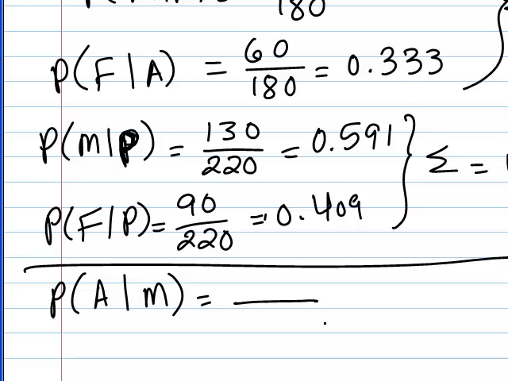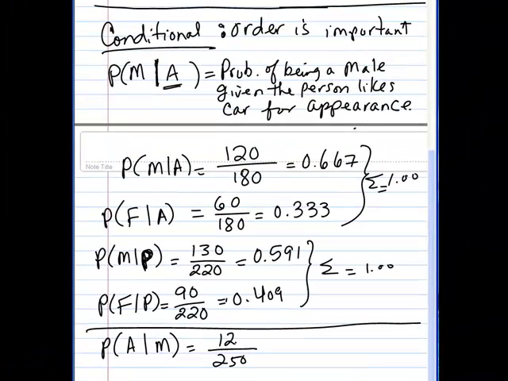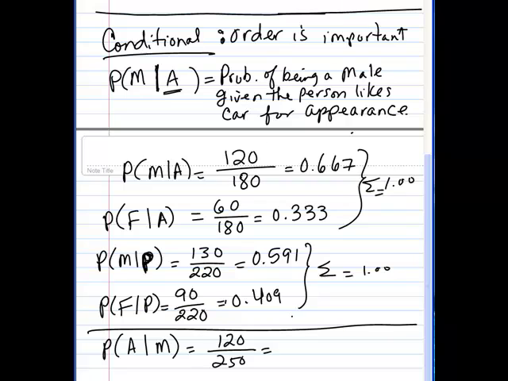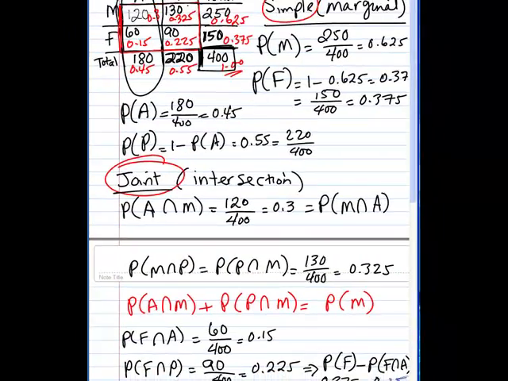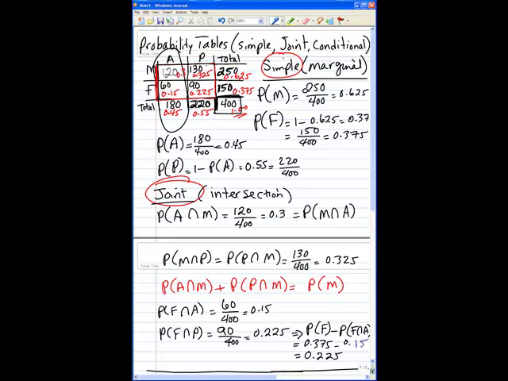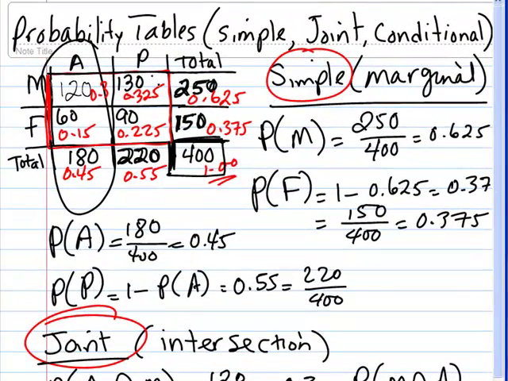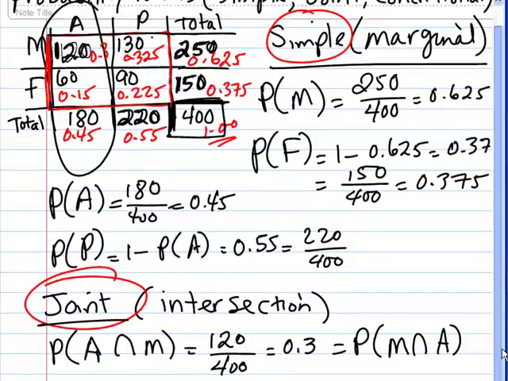We have 250 male individuals, and out of those, 120 buy a car because of its appearance, and that would be 0.48, and you can see that right here. 250 right here are men, but out of those, 120 buy a car because of its appearance.